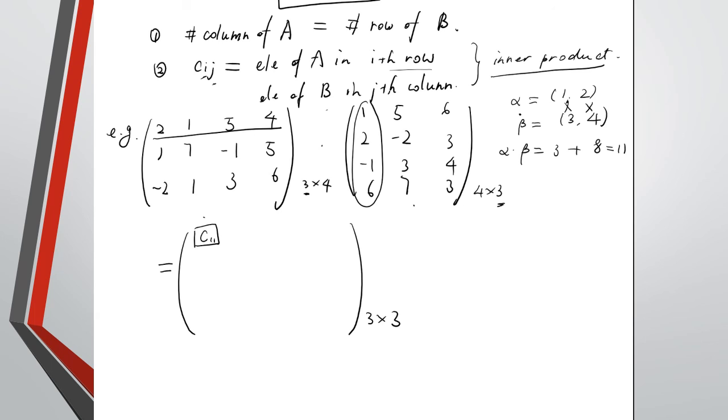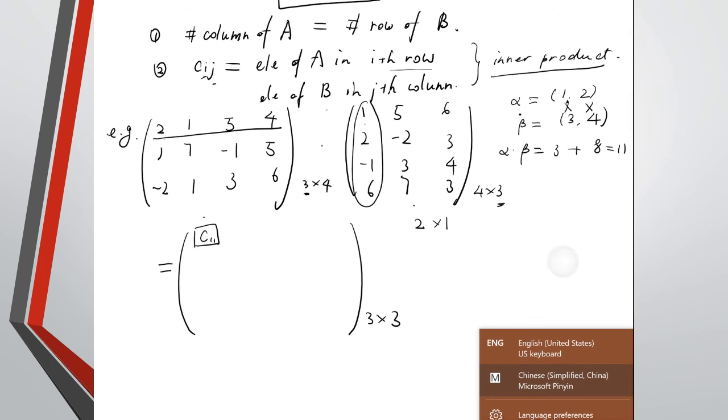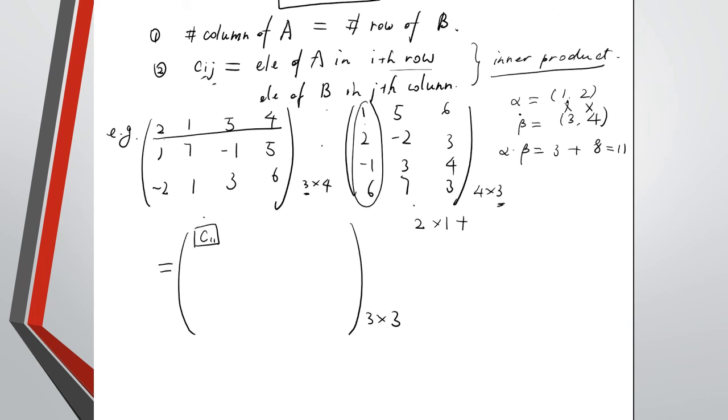So for this one, we have 2 times 1. Okay, this is 2, this is 1, right? Okay, and then we have 2 plus 1 times 2 and plus 5 times minus 1 and then plus 4 times 6.